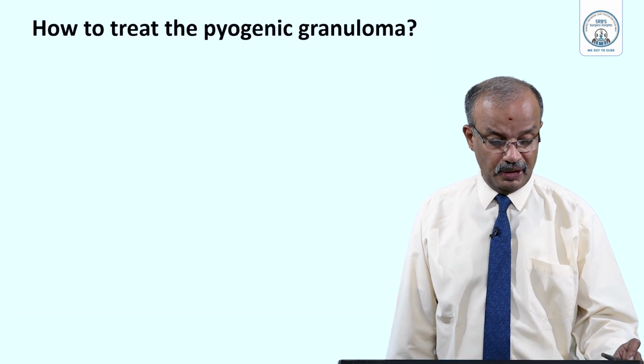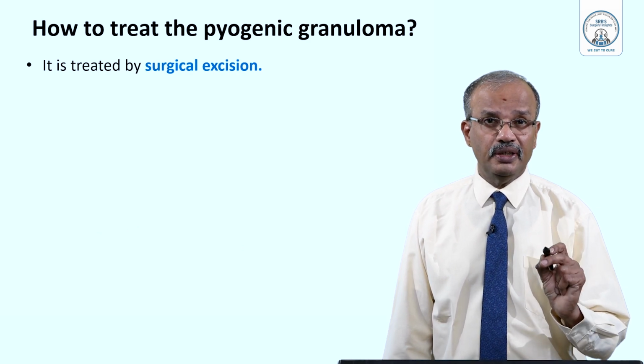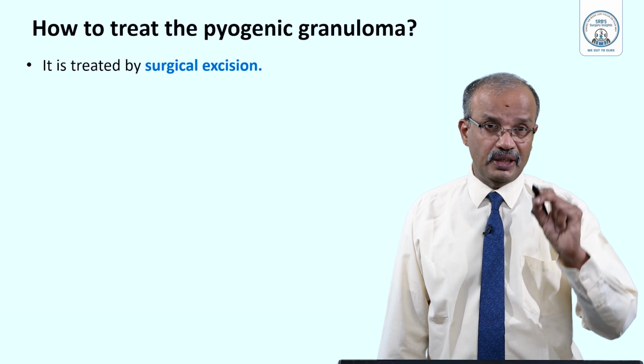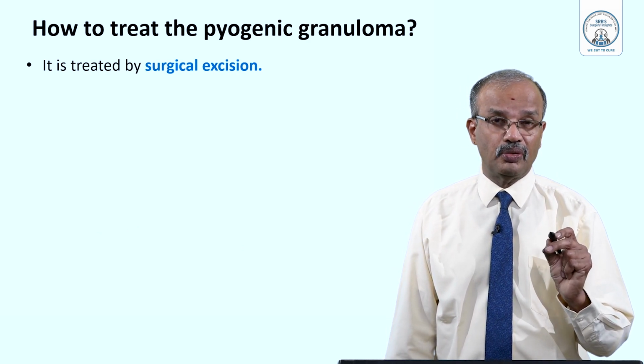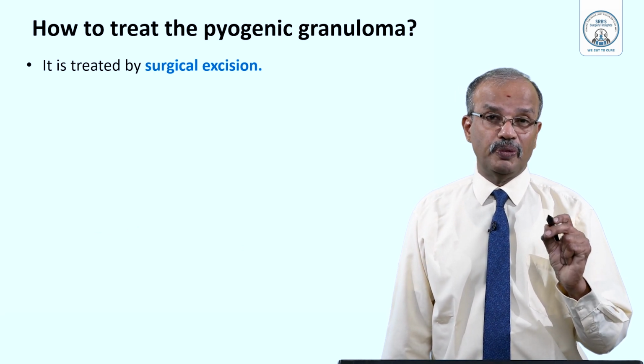How to treat pyogenic granuloma? It is treated by surgery. Treatment is surgical excision under local anesthesia. Usually you put an elliptical incision around the root of the swelling after giving local anesthesia, xylocaine 2%.